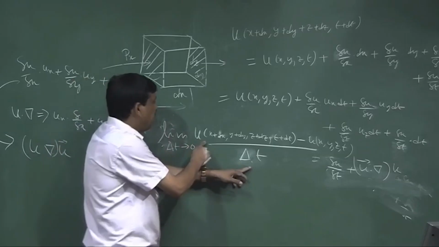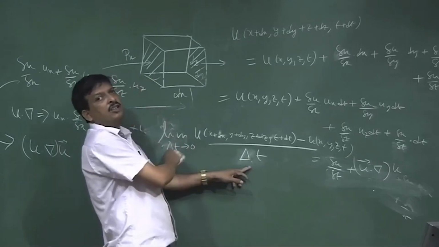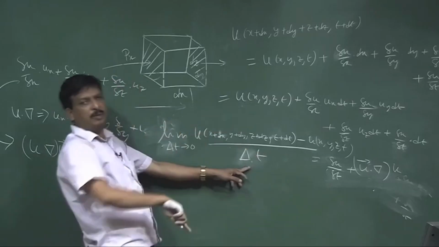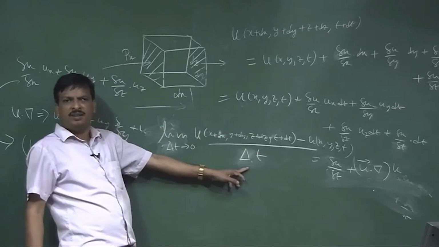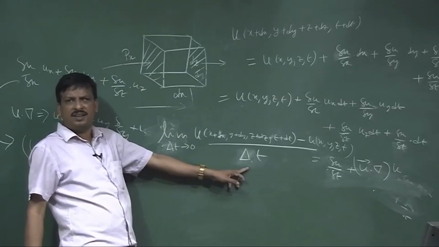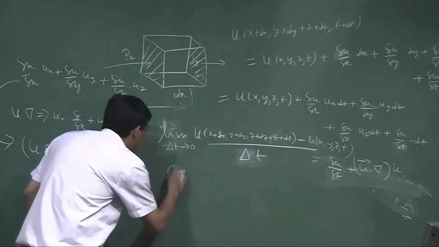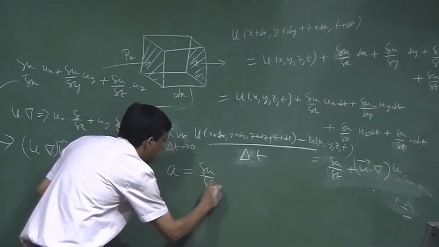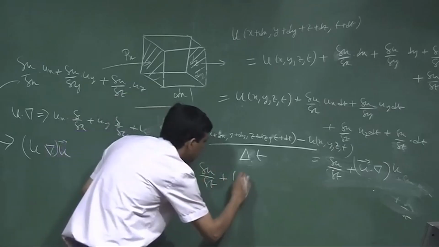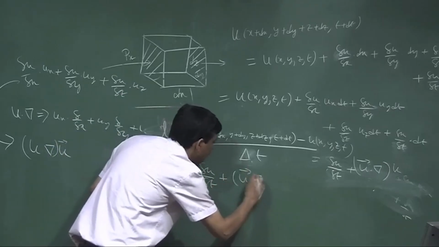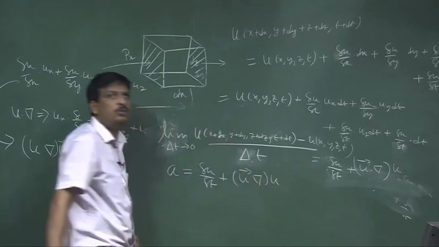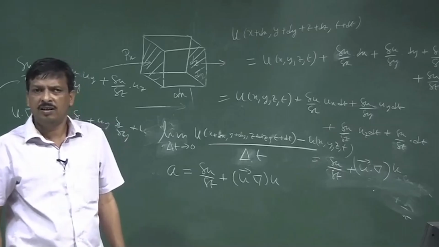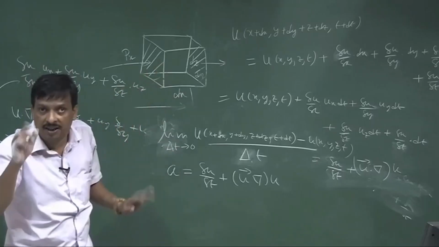So in the limit t tends to 0, the difference of velocity divided by the time is nothing but the acceleration. Rate of change of velocity is the acceleration. So I can say acceleration is equal to ∂u/∂t plus u·∇u. That is the acceleration of the particle.